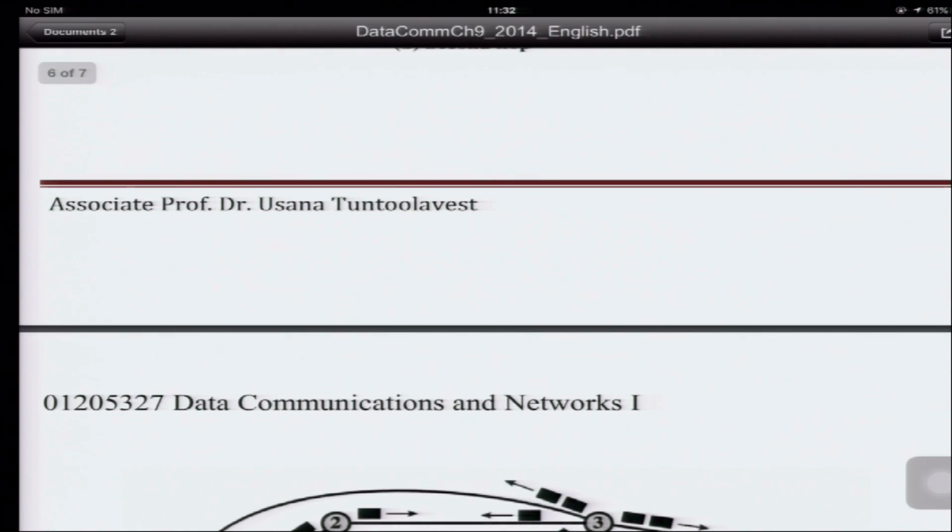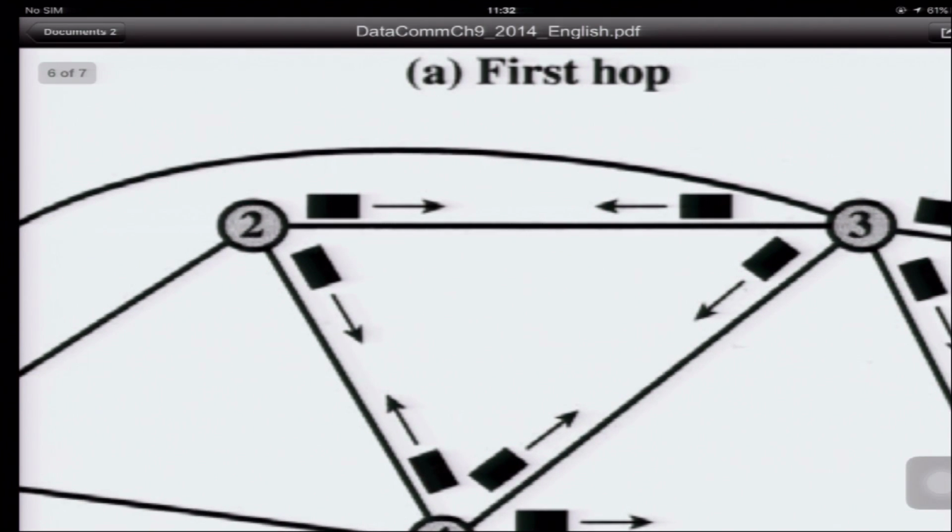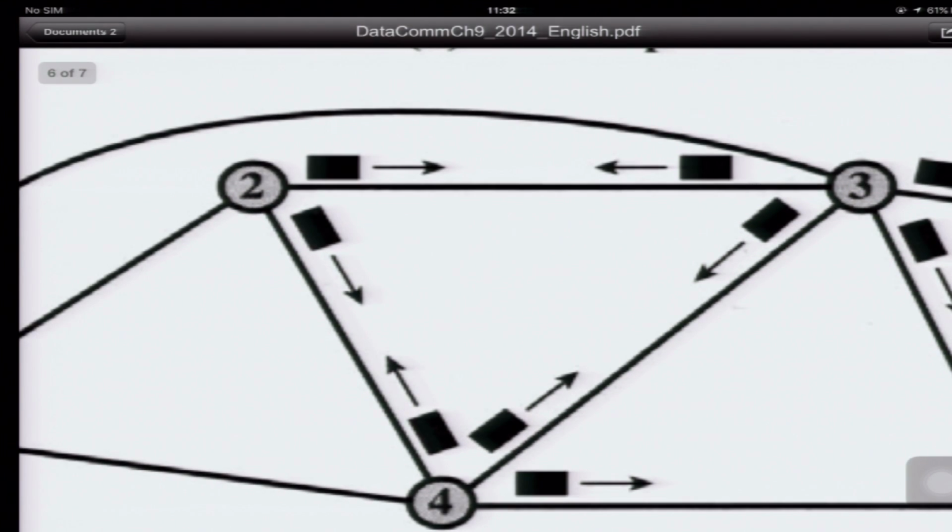Now you can see that node number 2 receives the packet from node number 3 and node number 4, right? If it doesn't know that this is a duplicate packet, if it doesn't use the identification and uses, for example, the hop count, let's say you set the maximum hop count to 3.